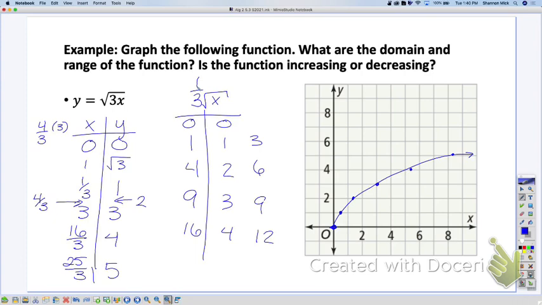Why does it do it opposite here? Because it wants to be different. What's the relationship between x squared and the square root of x? They're inverses, yes? So inverses interchange what two things? The x and the y. So wouldn't it make sense that the effect was opposite also?